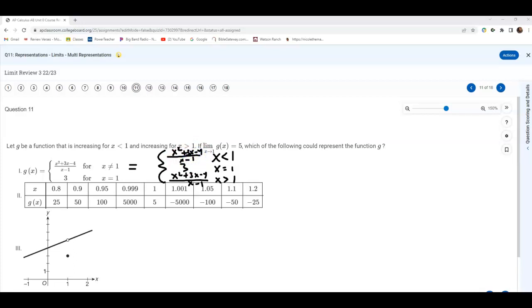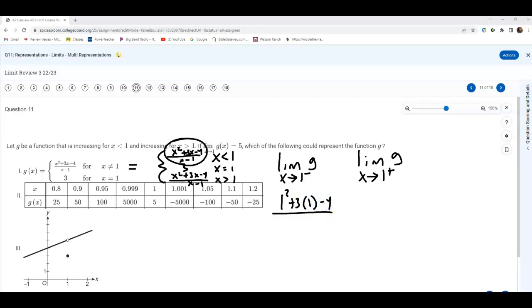All right, and another big idea that we have to use is to find the limit of the piecewise function, we do the limit from the left, and we do the limit from the right, and see what we get. All right, so I'm going to plug 1 into this function, and we'll see what we get. This is from the left.